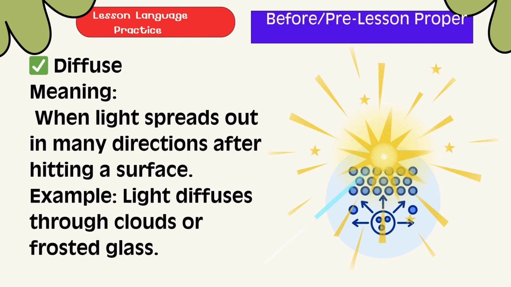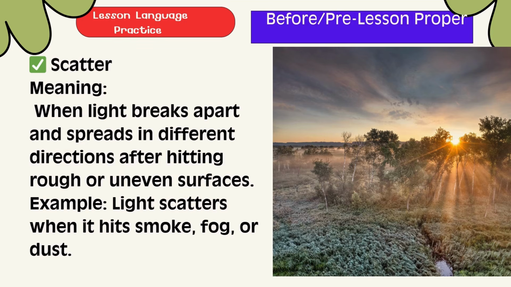Example, light diffuses through a cloud or frosted glass. Scatter, meaning when light breaks apart and spreads in different directions after hitting rough or uneven surfaces. Example, light scatters when it hits smoke, fog, or dust.